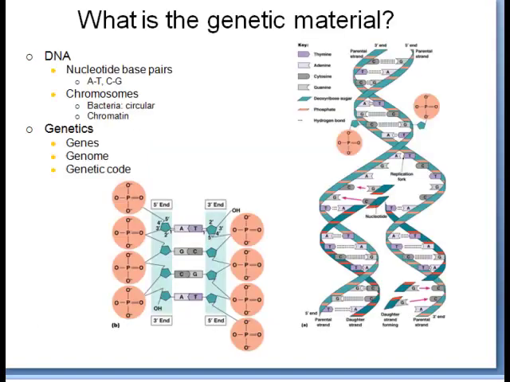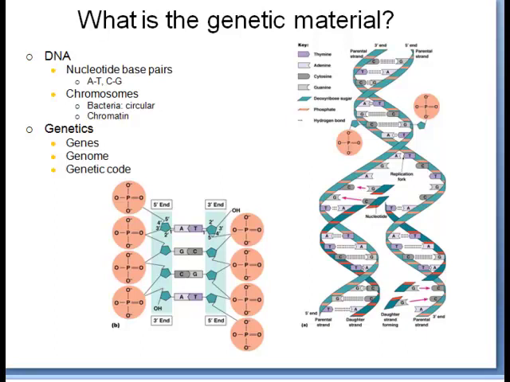The first question we want to know is, what is the genetic material? The genetic material, sometimes called a genome, includes chromosomes and plasmids. Chromosomes are composed of DNA.